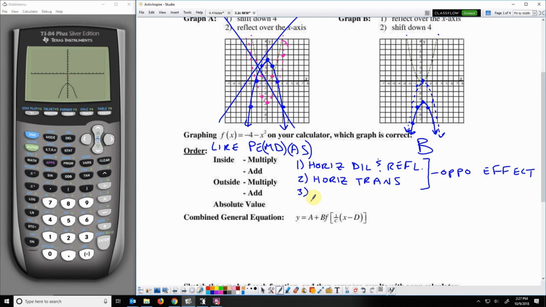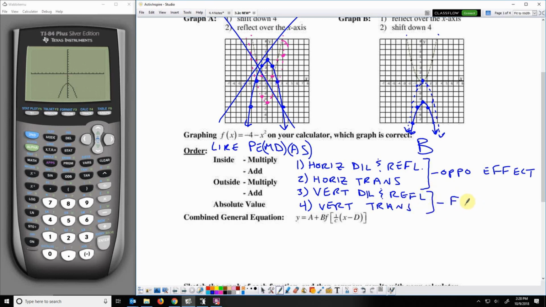The third thing you're going to look for is now you're going outside the function and you're going to be multiplying first. So you're looking for vertical dilation and reflection. And fourth, you're going to be looking for a vertical translation. And remember that these go at face value.